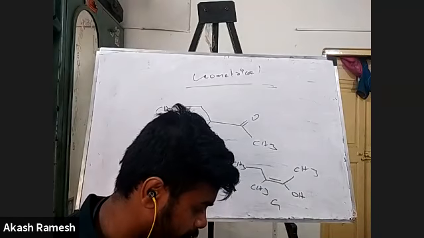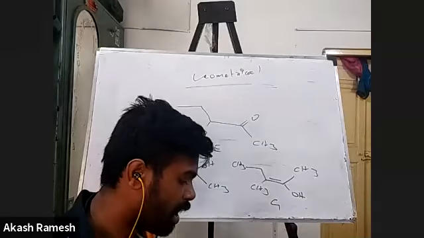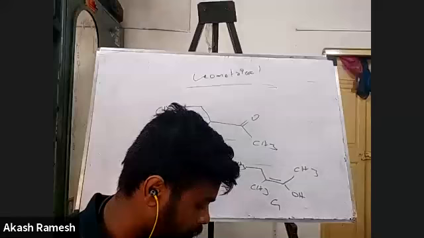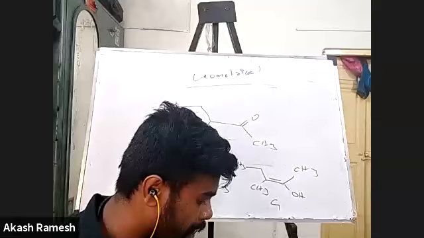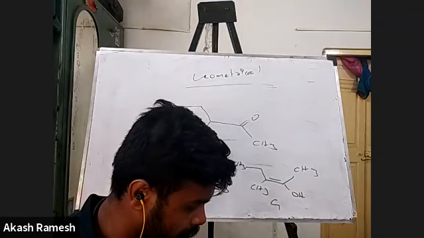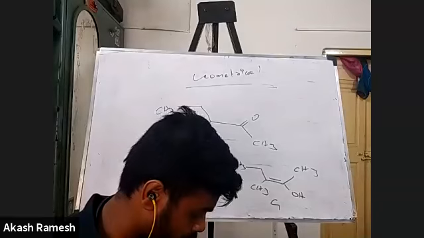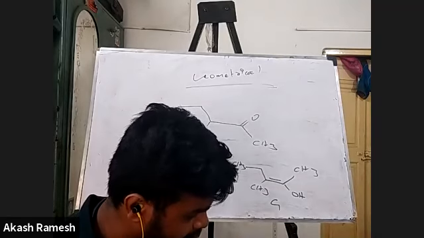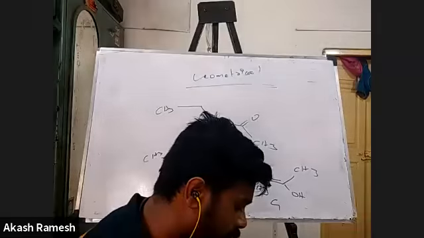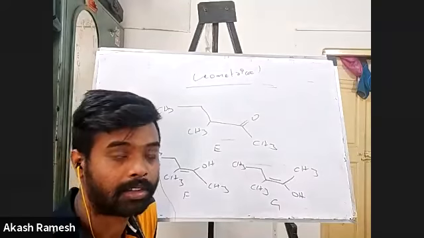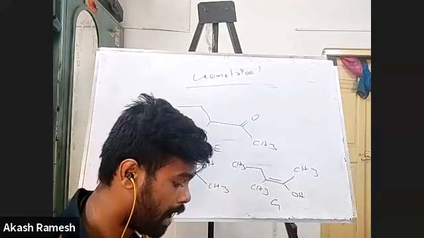Option C: F and G are geometrical isomers. Option D: F and G are diastereomers.